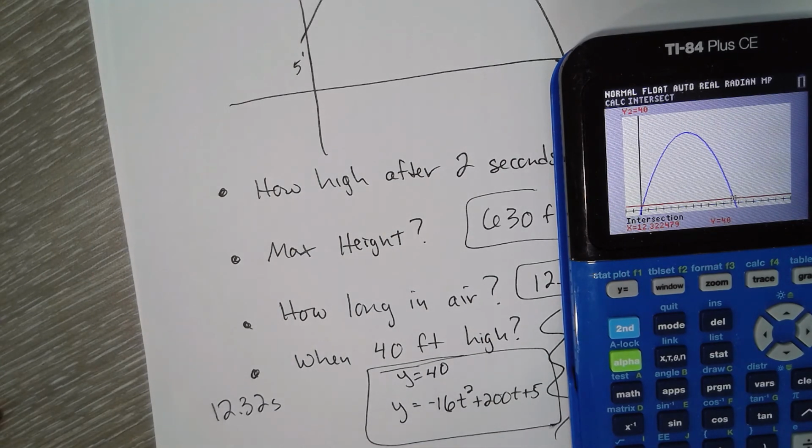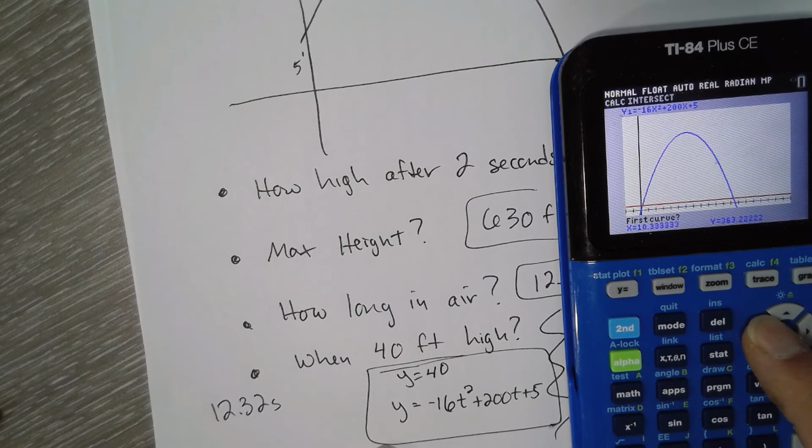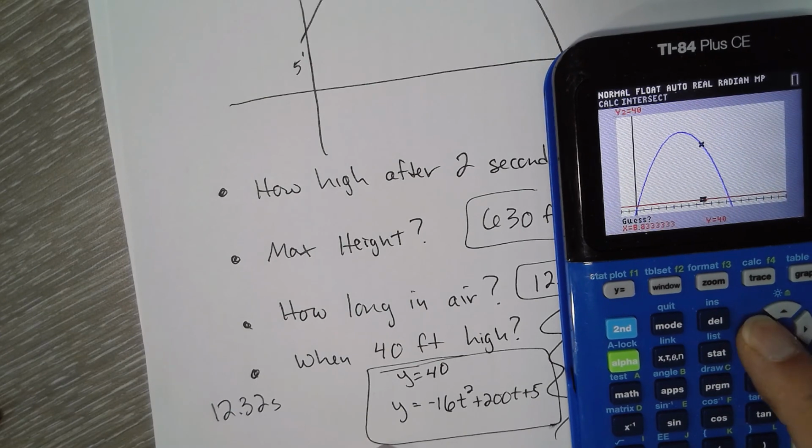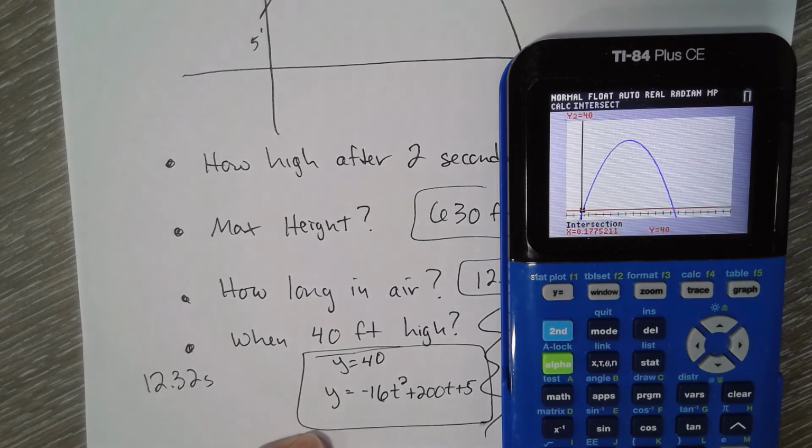So calculate intersection and find that point of intersection. 0.18 or so.